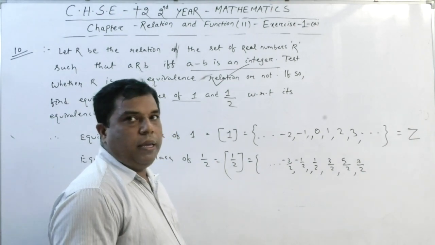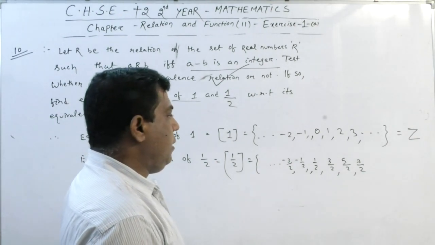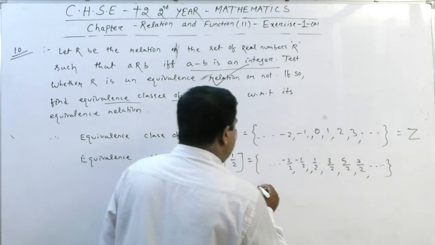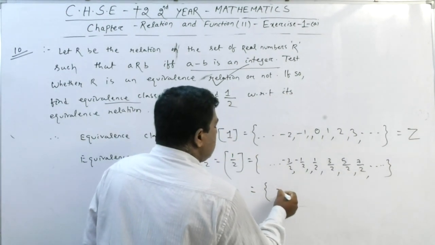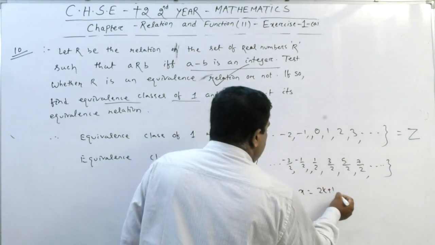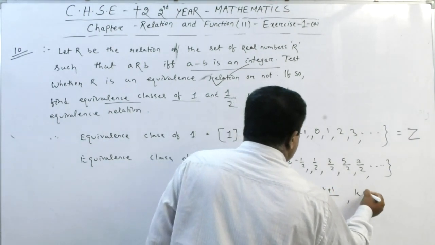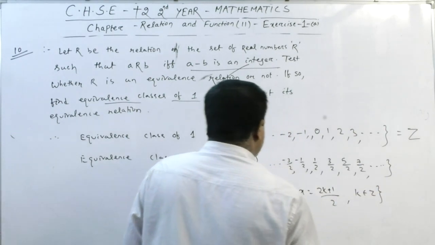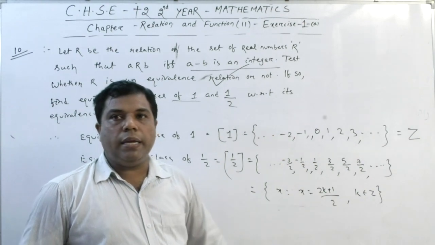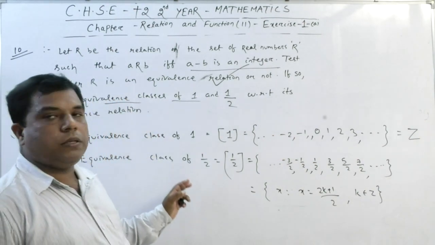In this way we get so on. Generalizing, it is the set of x such that x equals (2k plus 1) by 2, where k belongs to Z.